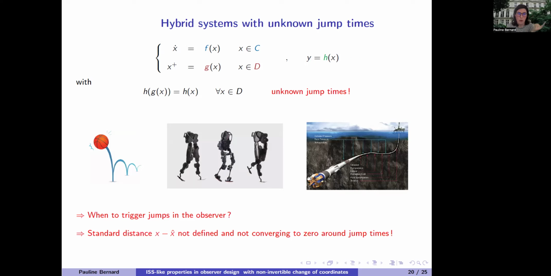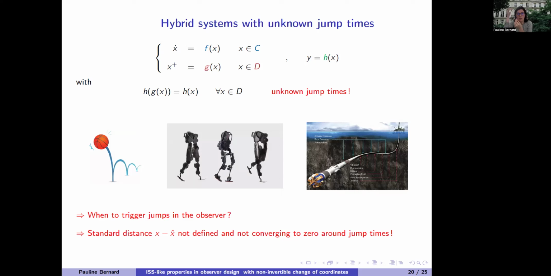And more importantly, x hat minus x, which is the standard Euclidean distance, no longer makes sense now, because around discontinuities, when you look at x hat minus x, you can imagine that you will always have, even asymptotically, x hat that is slightly ahead or slightly behind x.